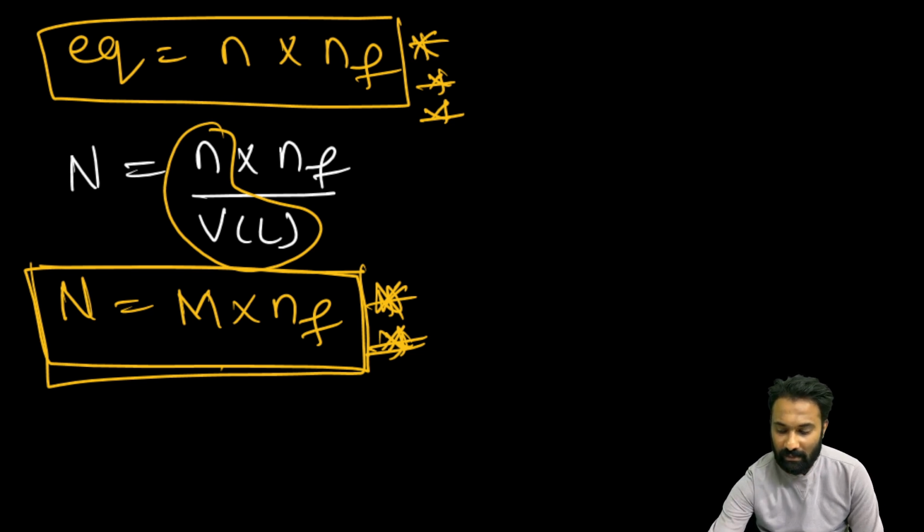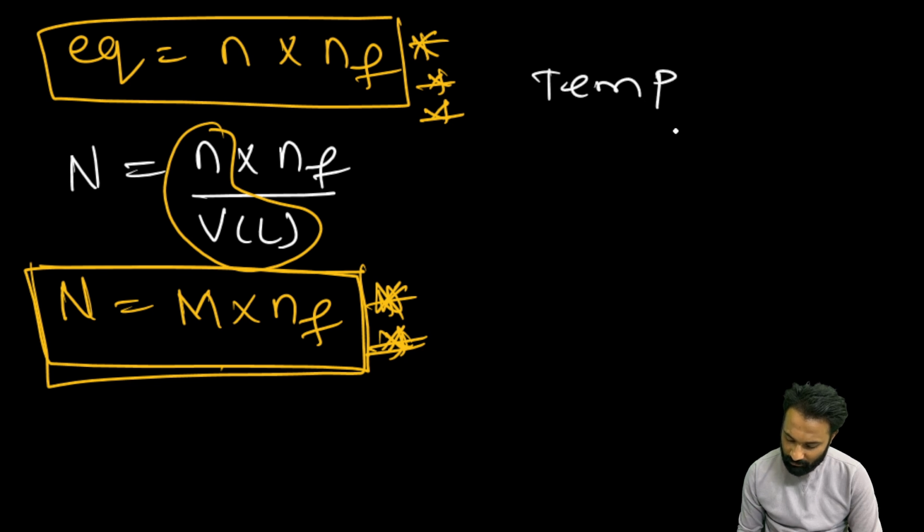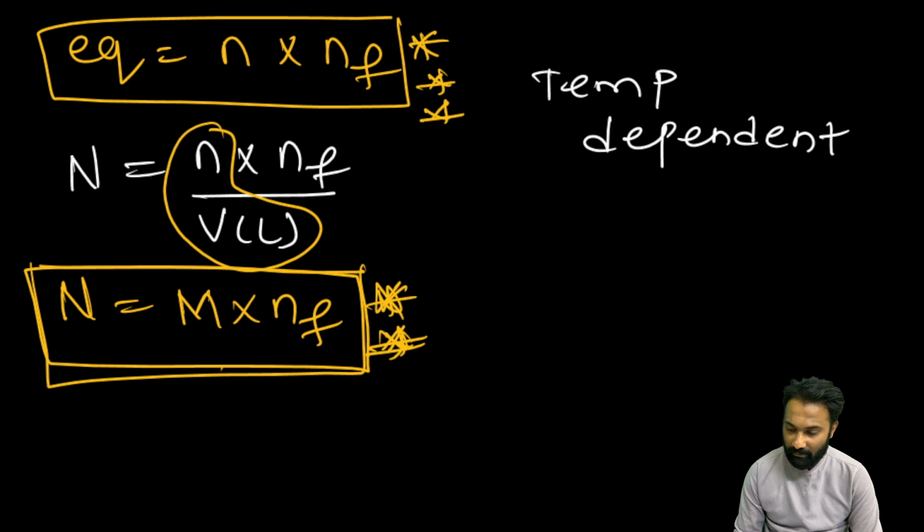Clear? Done? Now, is normality temperature dependent or temperature independent? We have seen the volume term, right? So obviously it will be temperature dependent. Clear?